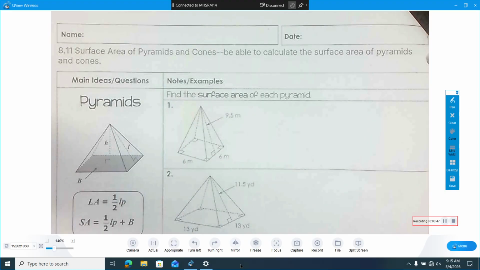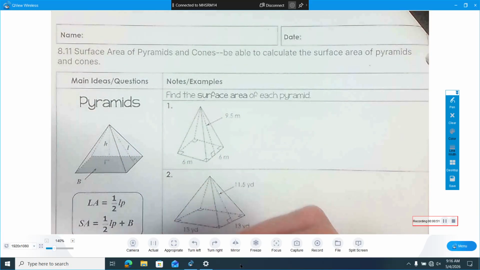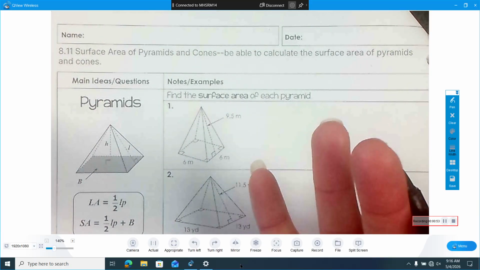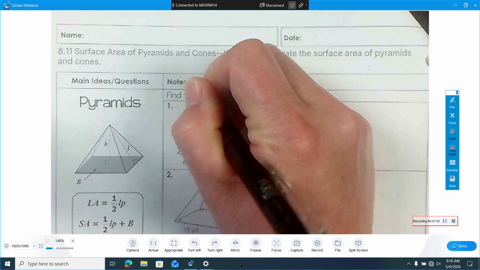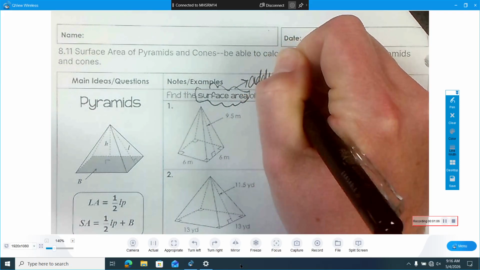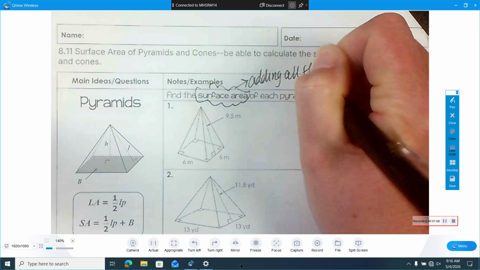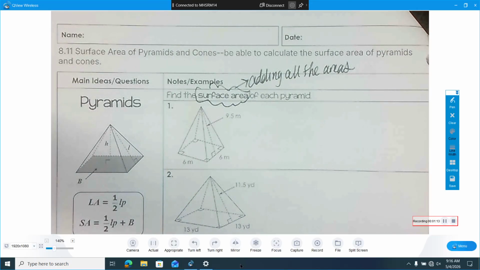If we want to find the surface area, again, there are these crazy formulas, but I would rather you understand what surface area means than memorize silly formulas that you're going to forget tomorrow. So again, surface area is simply adding all the areas, all right? And so we have to find all the different areas.